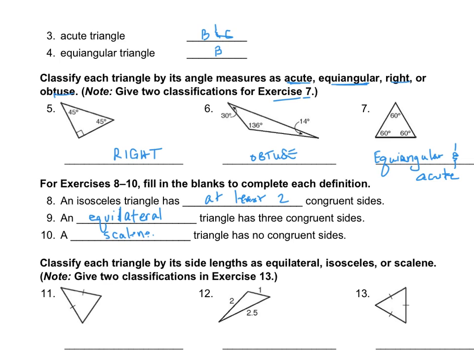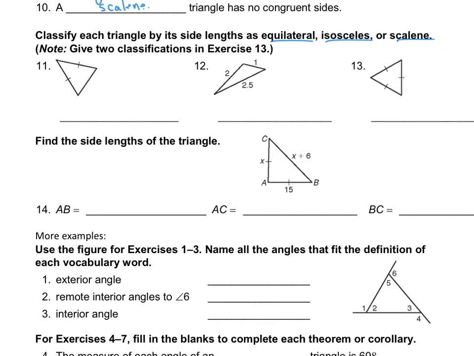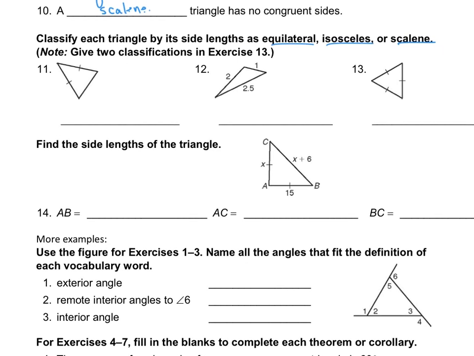And classify each by the lengths. Equilateral, isosceles, scalene. Give 2 classifications on number 13. So, oops, let's move this up a little bit. So let's look at this. This one has 2 sides the same, so we know this one will be isosceles. Okay, then over here, all 3 are different.